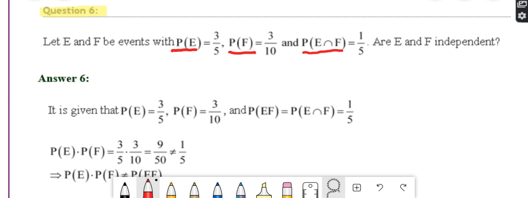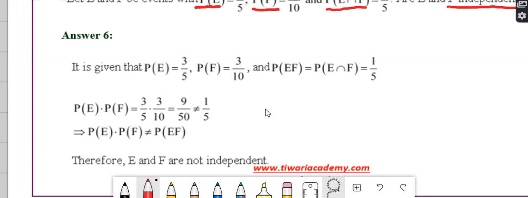The intersection is also available, and we have to check whether E and F are independent events or not. So this you can check orally. P of F into P of E, what will you get, that is 9 upon 50, and this is not equal to 1 upon 5. So we can say that they are not independent events.